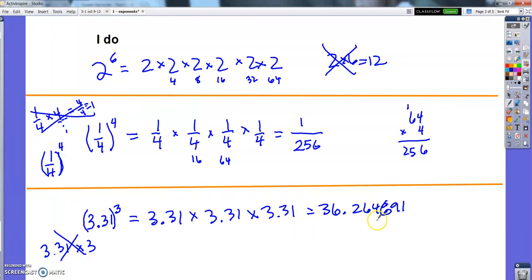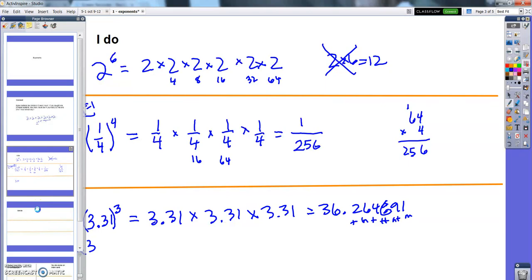I of course will know how to say this correctly, so let's see: tenths, hundredths, thousandths, ten-thousandths, hundred-thousandths, millionths. So that is 36 and 264,691 millionths. There you go.